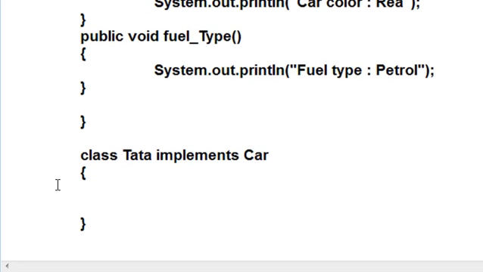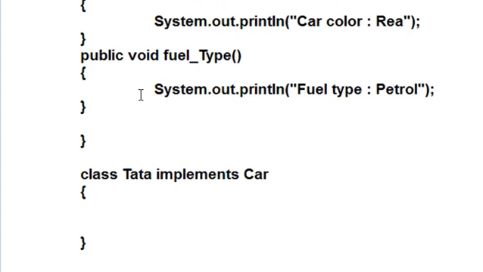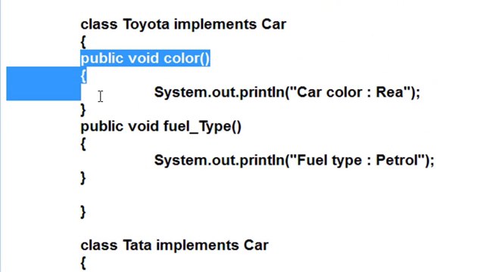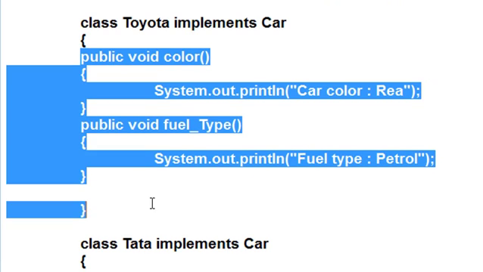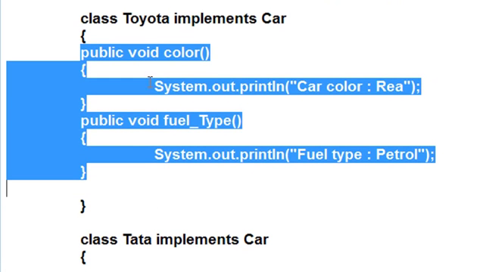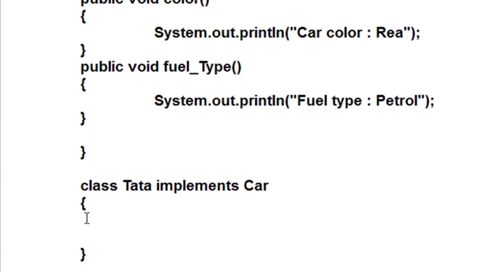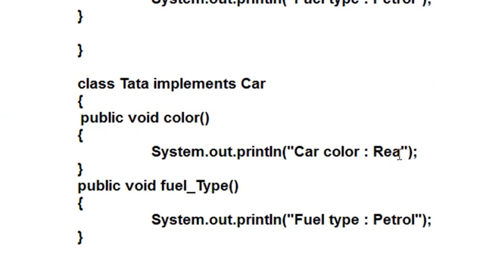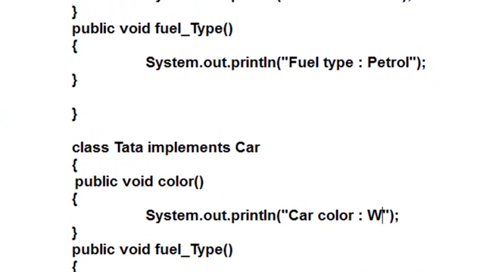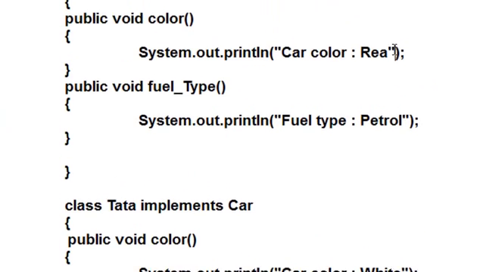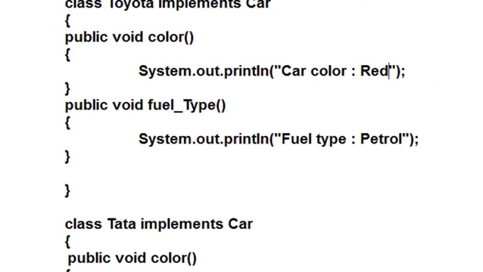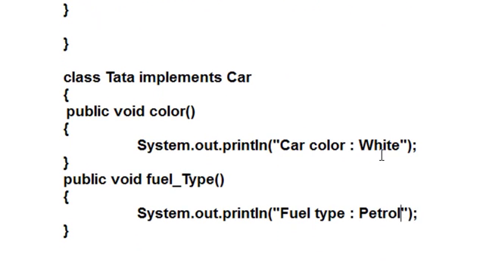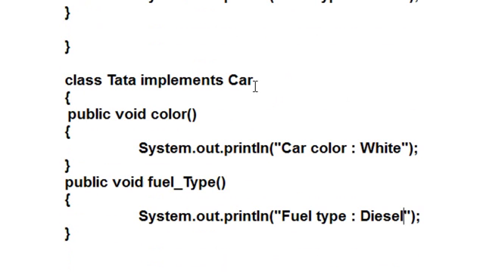So that class must implement those two abstract methods called color and fuel type. So I just copy these methods and use them in this class also. Here car color, I give it as white, since Toyota is red, and fuel type as diesel.